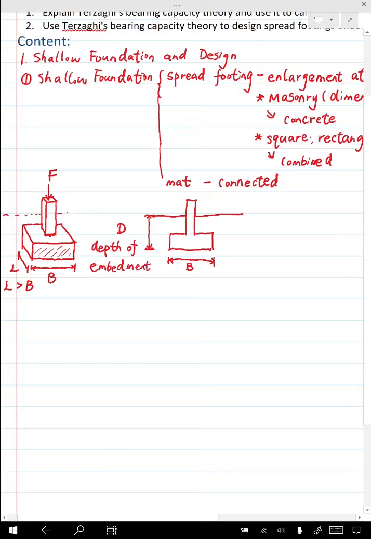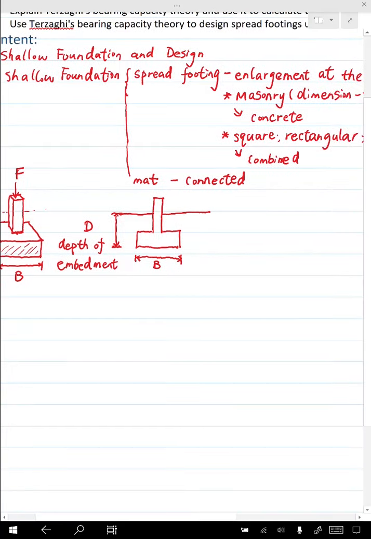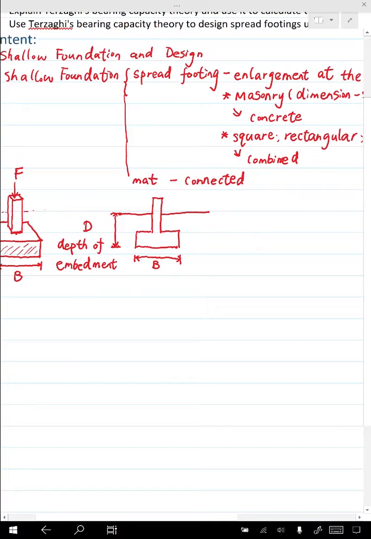There are a few other things. One thing we want to analyze is the pressure between the bottom of the spread footing and the soil right below it. And if we assume that the total load from the column, from the superstructure is F, then this one we can call it P. So P is called the bearing pressure.